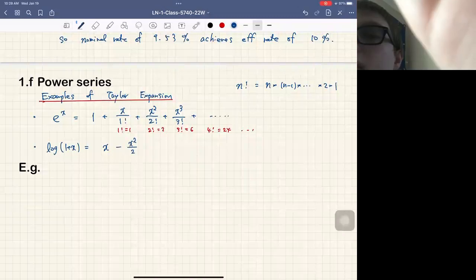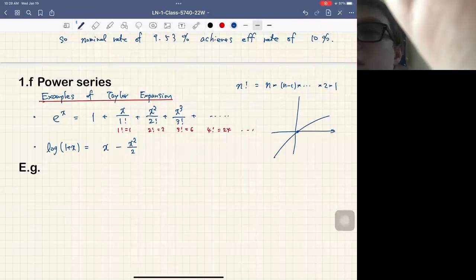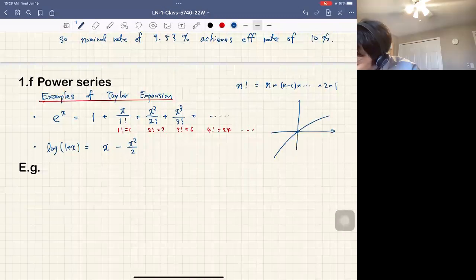You can see that the graph is like this, and at x equal to 0 the slope is 1. But you can see that this is concave downward, right? So we should have a negative something times x squared.